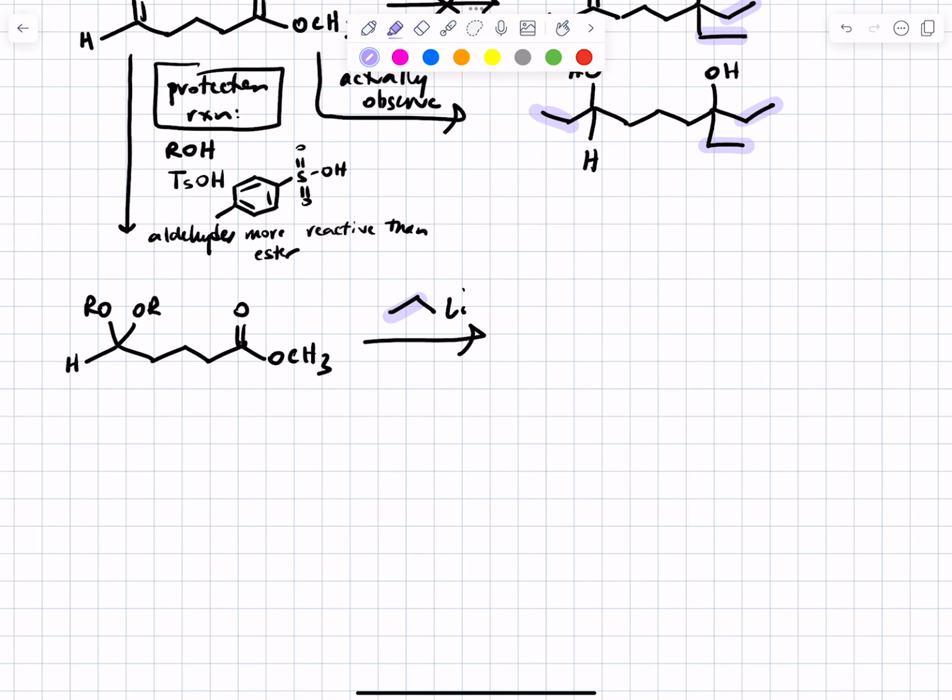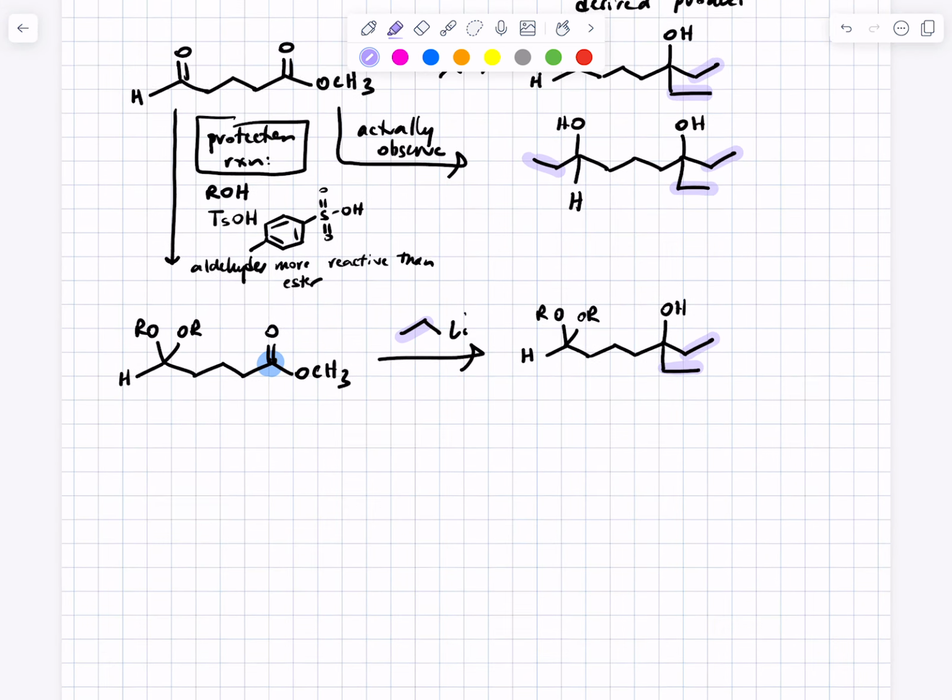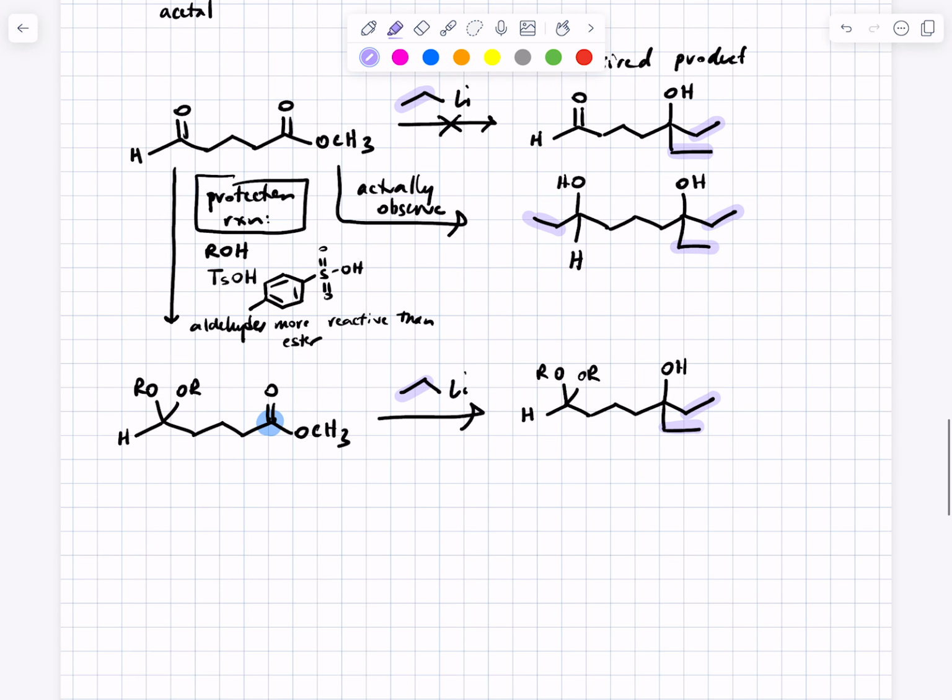It can't react with the acetal. There is one and only one carbonyl carbon in this molecule. The acetal is not reactive to nucleophiles or bases. So indeed, you could get your desired tertiary alcohol, delivery of two of those organolithium reagents to the carbonyl carbon of the ester. At that point, you do the deprotection reaction, which is acetal hydrolysis.